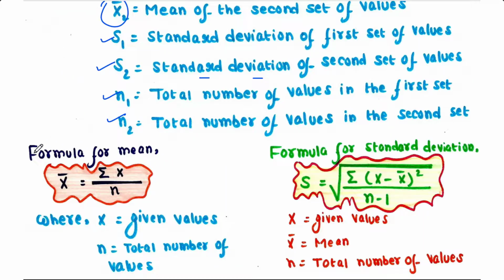So the formula for mean is this: x bar is equal to summation of x divided by n, where x is the given values and n is the total number of values. And formula for standard deviation is this, where x is the given values and x bar is the mean and n is the total number of values.